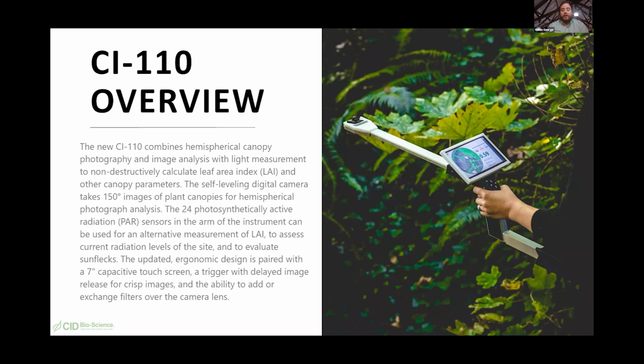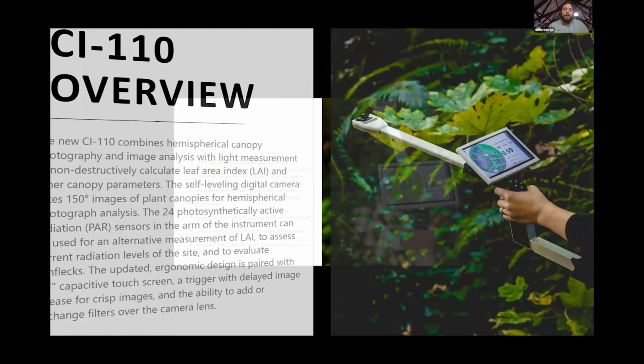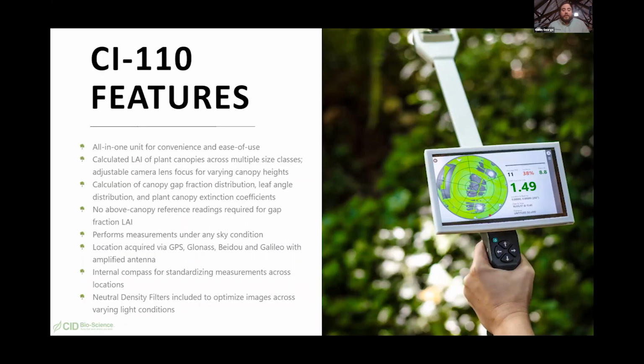And it also has the ability to add or exchange filters over the camera lens to ensure that you're getting the most contrast between the sky and your canopy, and to ensure that your data is of the highest quality possible.